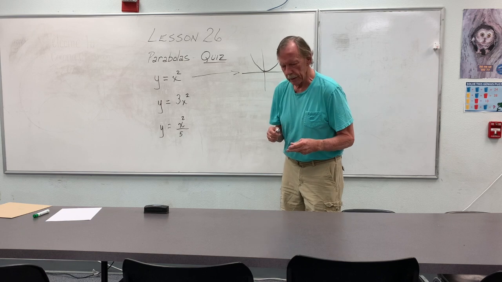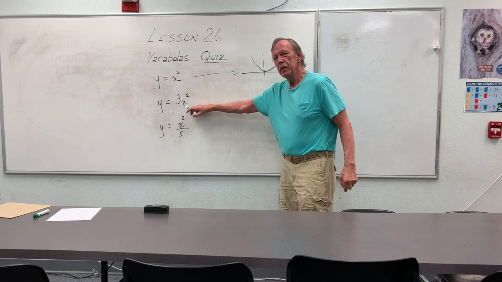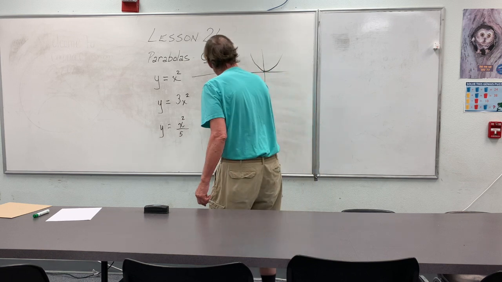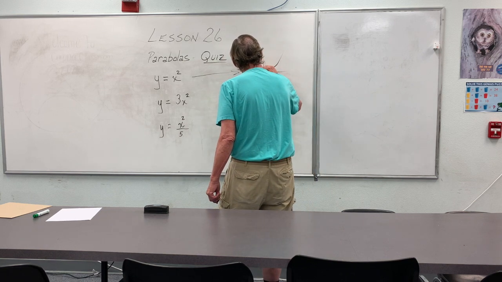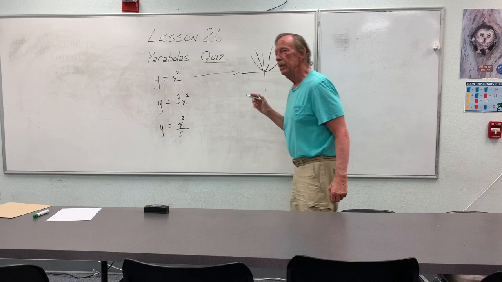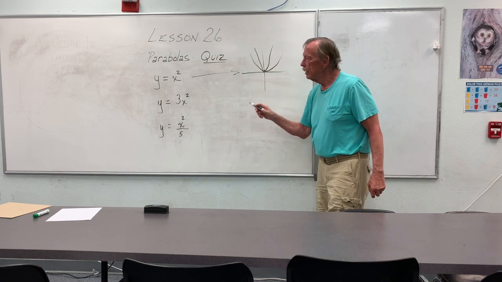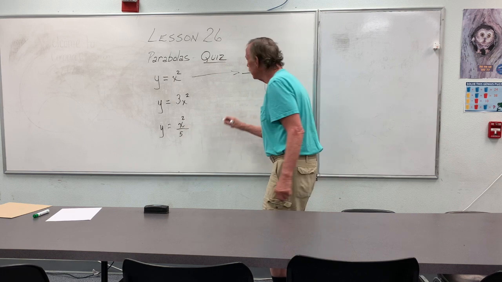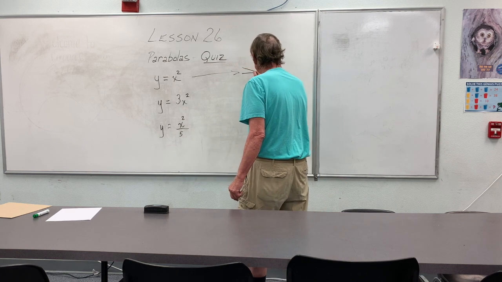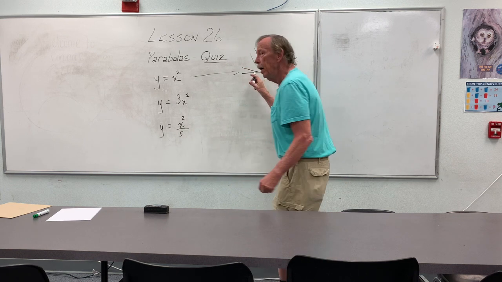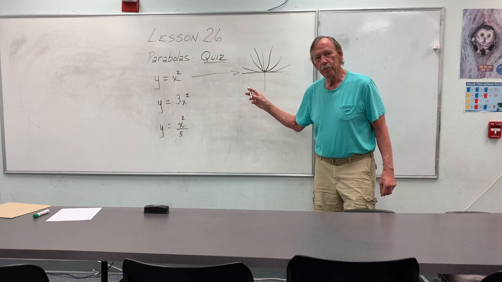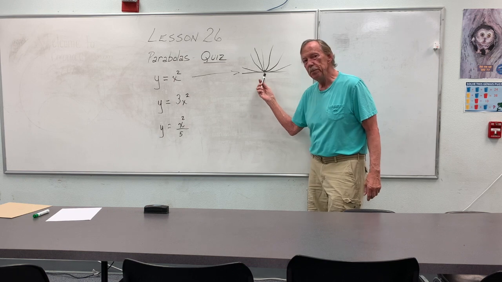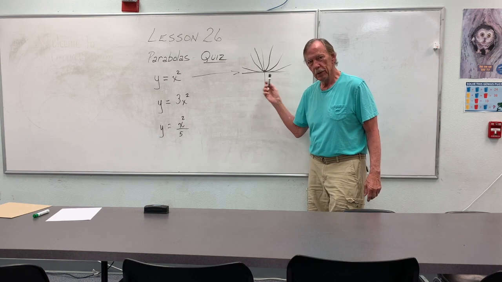What is happening? Well, a is 3 in this example. That's going to make our parabola much steeper, like that. Here, a is 1/5. That's going to make our parabola very shallow, like that.